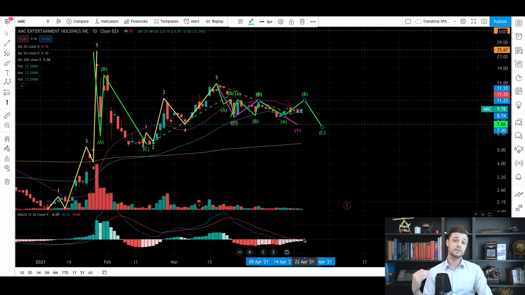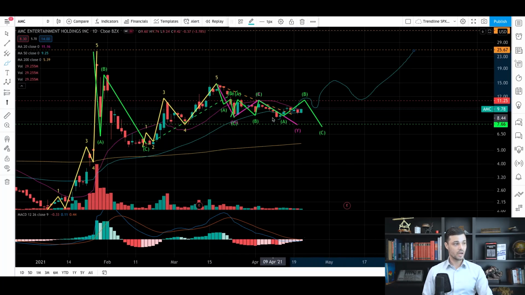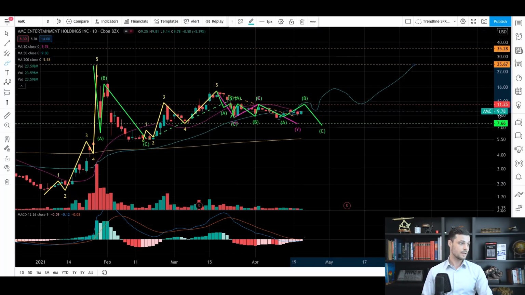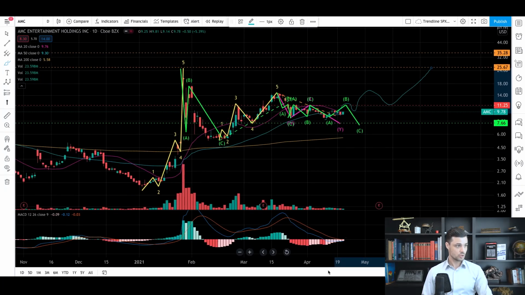So this is the kind of association that you guys can make. You can suppose that if the price action comes close to the 11 area, the MACD is going to turn green. And we're going to have, of course, this kind of rejection, as we always do when we get close to some resistance levels, but probably going to blow it right away. And we are going to do this third wave that I'm expecting coming very soon.